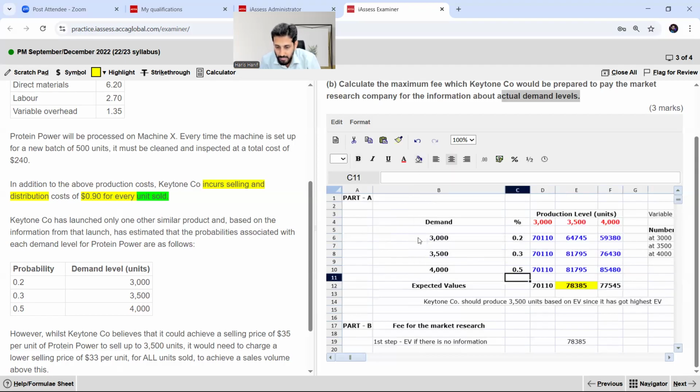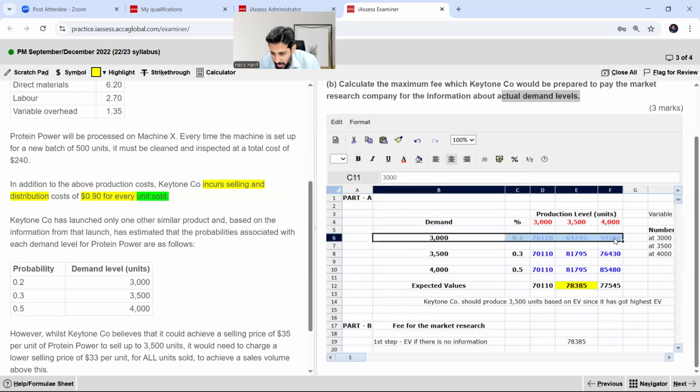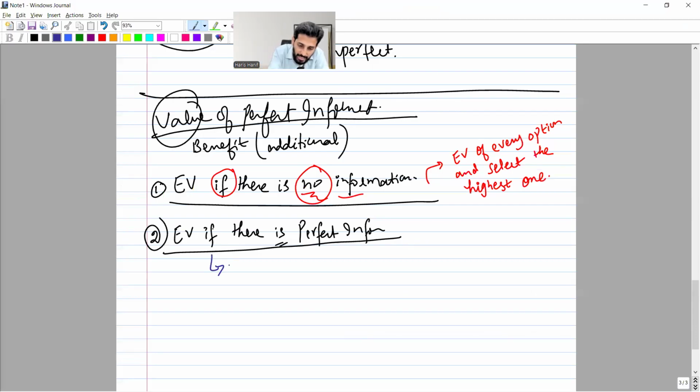Now again, if my demand would be 3000, which option is considered to be the best one? Obviously 70,110. So that's called calculate. But you have to calculate EV, right?